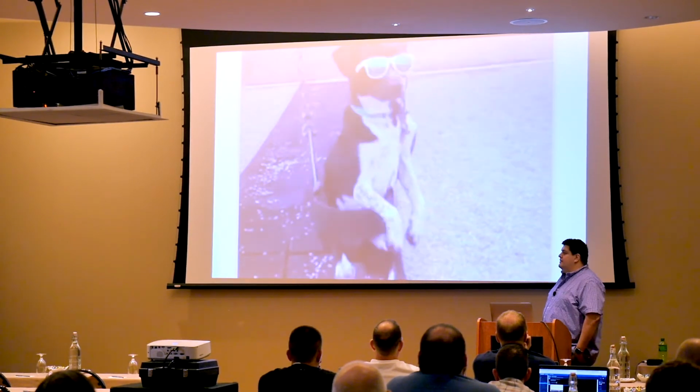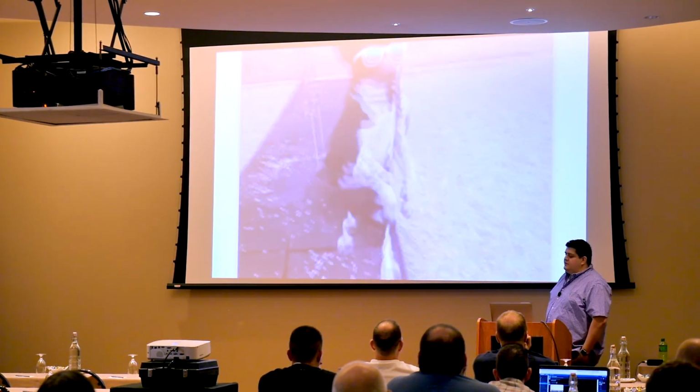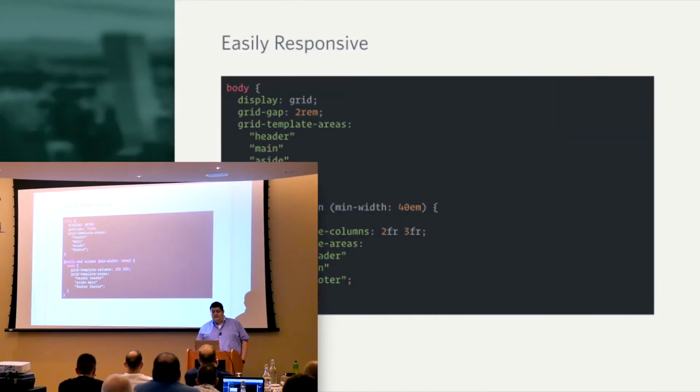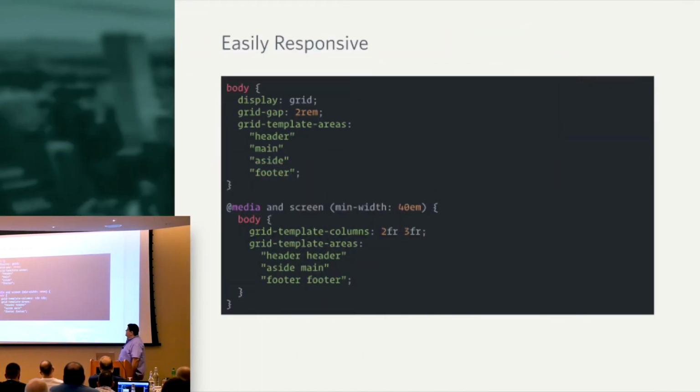And the nice thing is that by default, grid only gives us 1 column. So we're going to rewrite our CSS with this in mind. So this is what we're going to do. We're saying display grid, grid gap of 2 rem again. But what we're going to say is header, main, and aside all in one line, which means that we're going to put all of these things in one column. And you notice that we have our areas exactly where we want them.